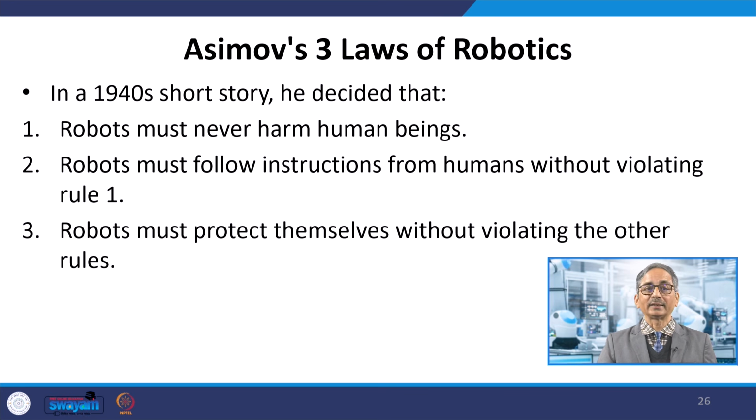And the third one is that robots must protect themselves without violating the other rules, that is rule 1 and 2. The summary is that the robot should perform the task as defined by the user, and should not harm human beings, as well as not destroy themselves.